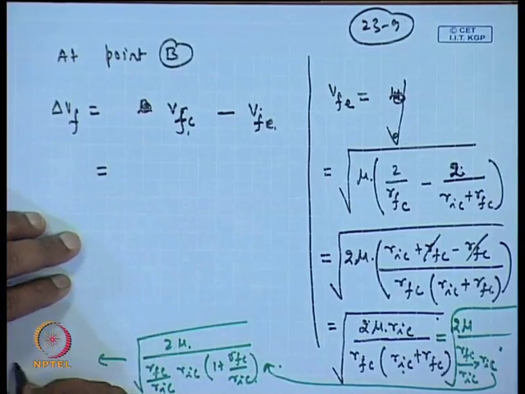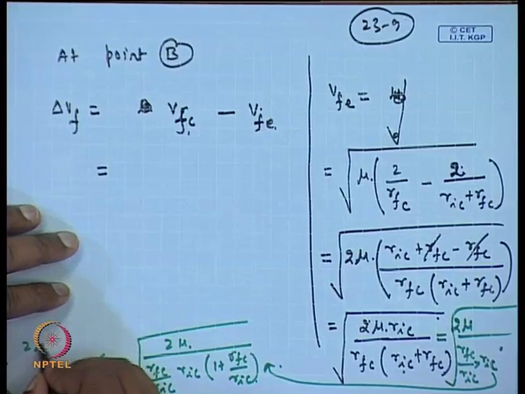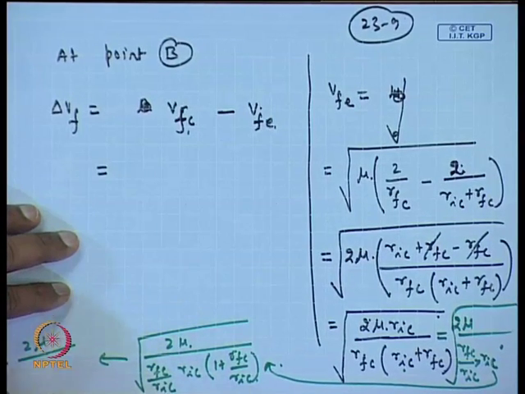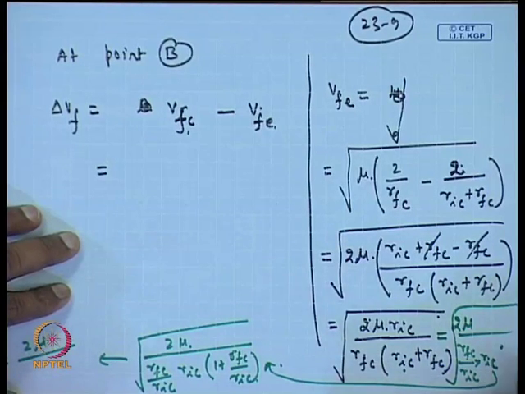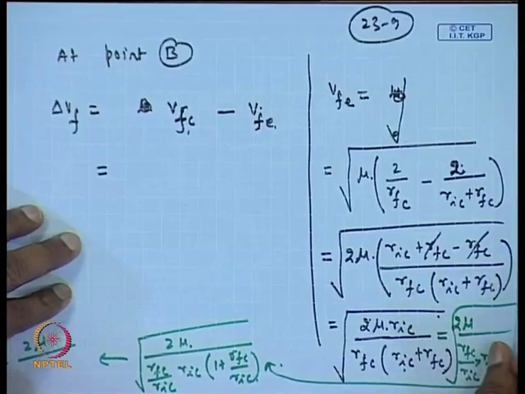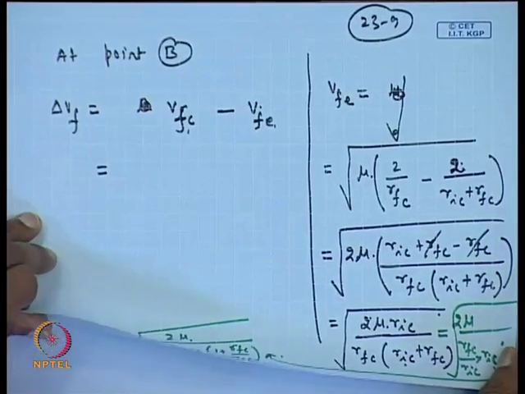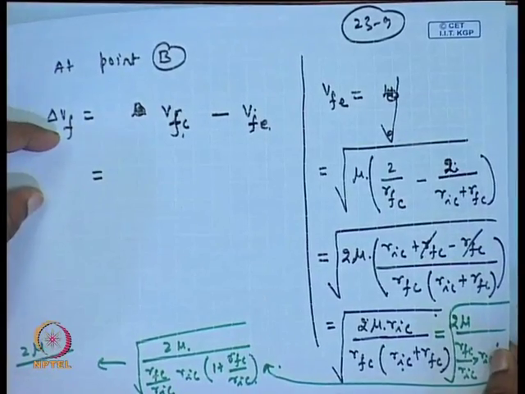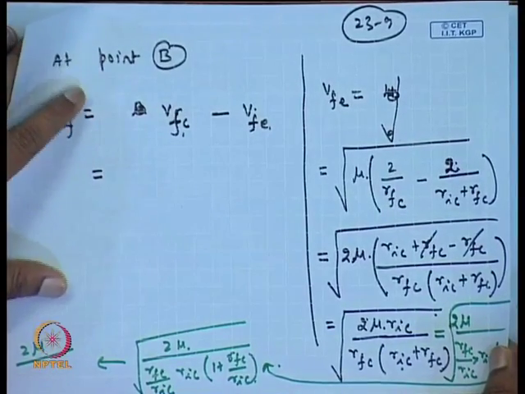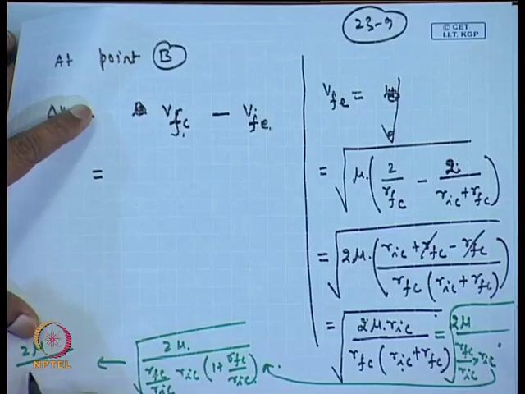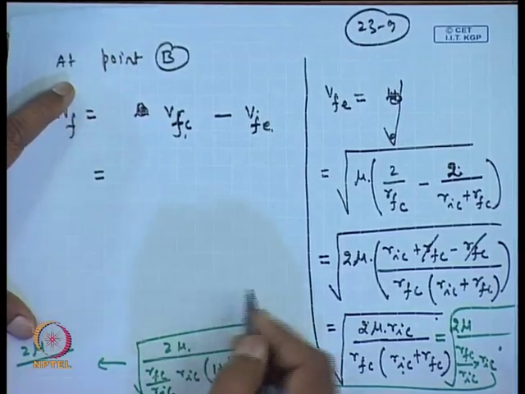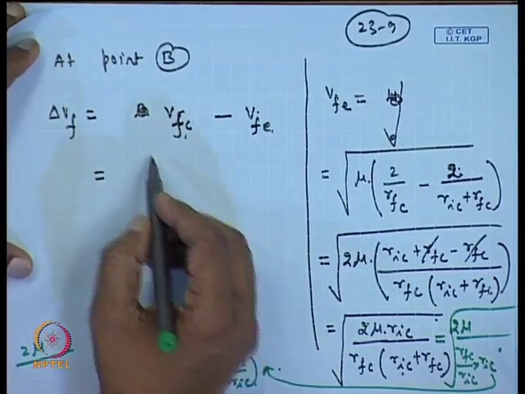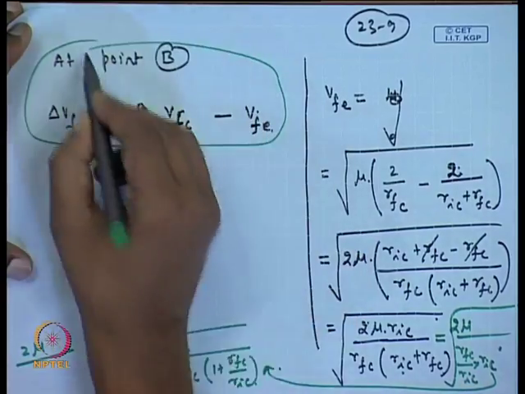Now, R f c by R I c is equal to n. So, we replace it in those terms. Okay, so, let us make the space available here. We will carry out on the next page.